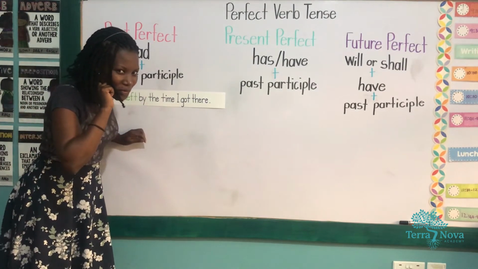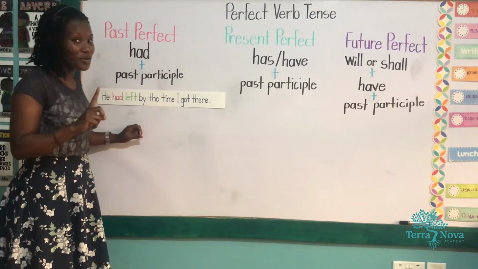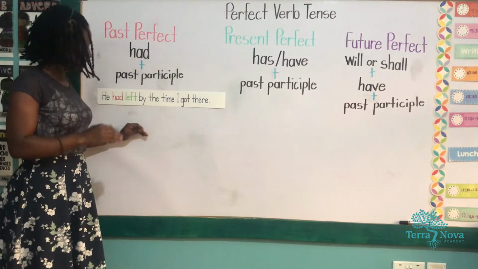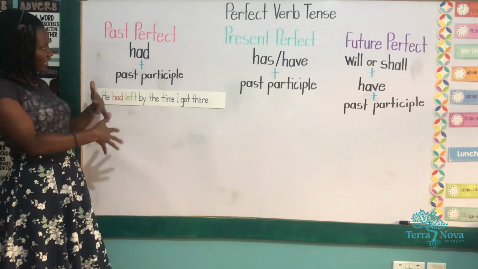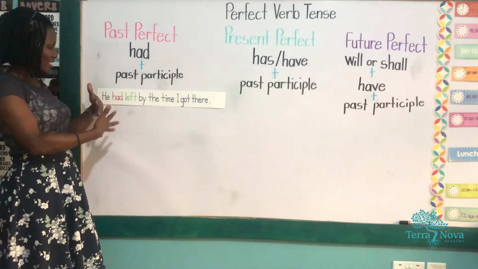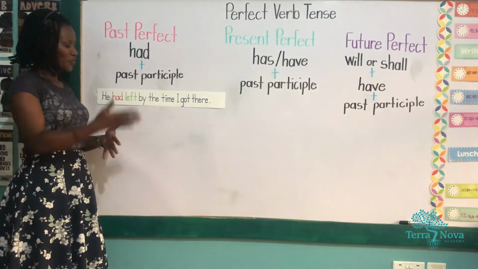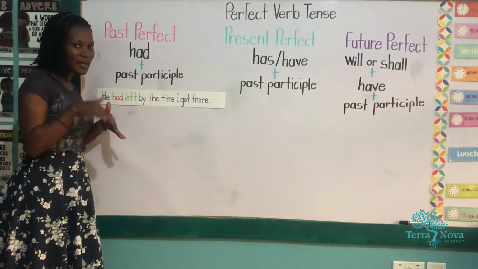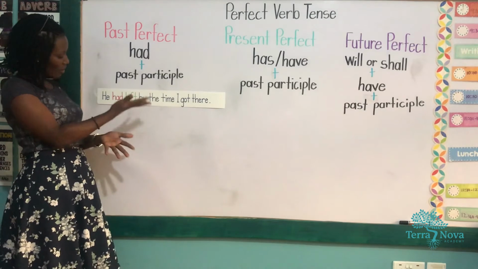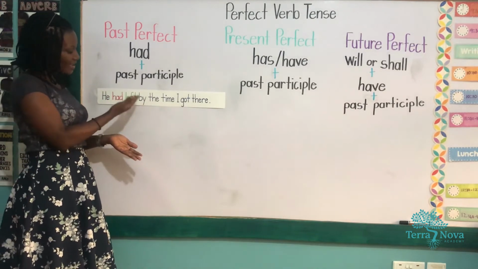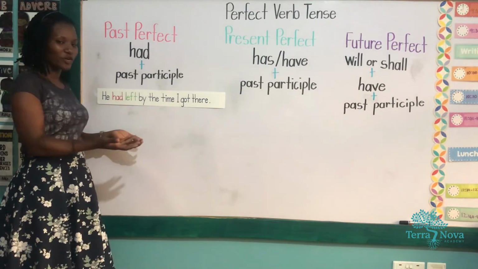I can't hear you. From the verb leave. So, because we're talking about the past, we're not saying he had leave by the time I got there. We use it as the past participle left. And our sentence reads, he had left by the time I got there.